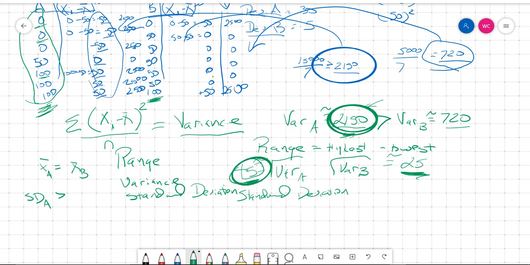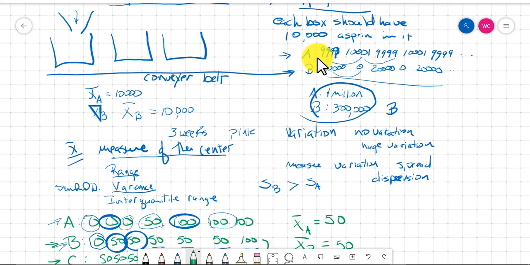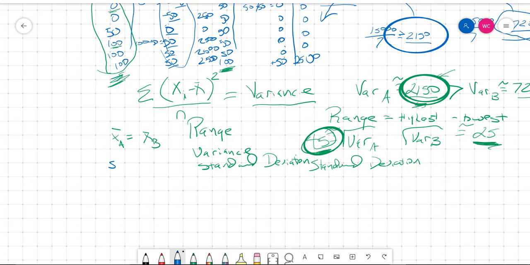I think it was the other way around. It was for B. Sorry, that wasn't the original data. The original data was here. So A had a much smaller standard deviation than B. So if you had said that the standard deviation for A was much smaller than the standard deviation for B, maybe they wouldn't have bought machine B and you wouldn't have lost your job. Anyway, that's the idea of standard deviation, variance, and range.